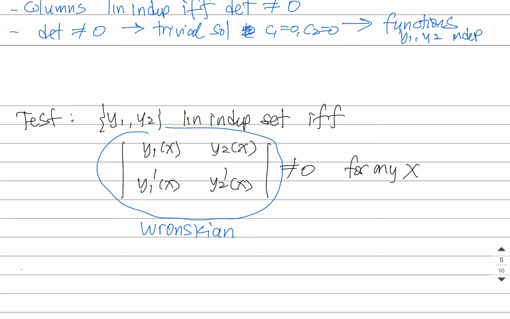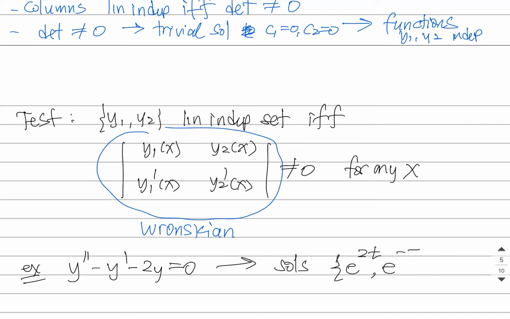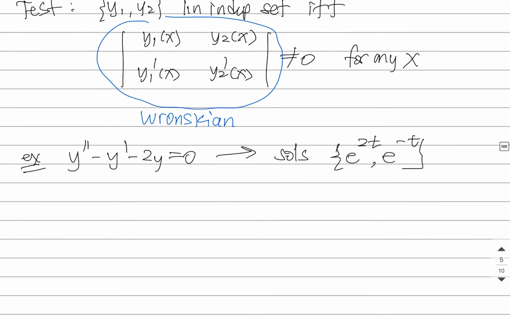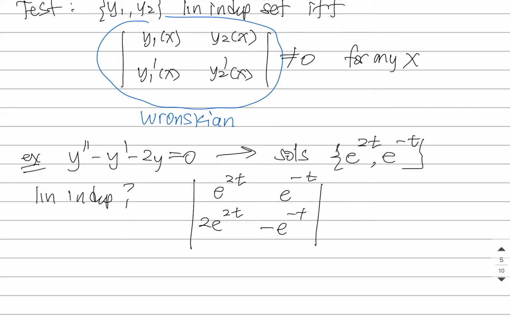Now, as an example, at the beginning, we were talking about this differential equation, and I found two solutions. I found e^(2t) to be a solution and e^(-t). Are these two solutions linearly independent? Sure. If I put them up here as y1 and y2, I can take their derivatives, 2e^(2t) and negative e^(-t).